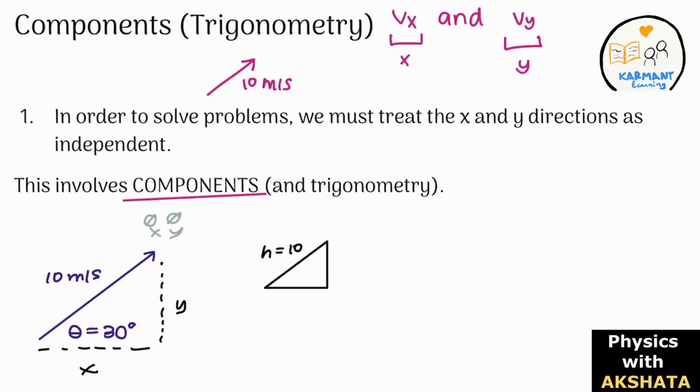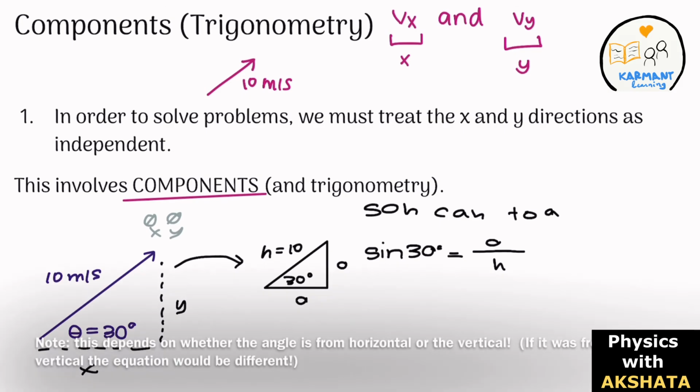To do that, we just have to turn it into a triangle and fill out the values using simple trigonometric terms. So let's say we have sine 30 is equal to the opposite over the hypotenuse, right? From SOHCAHTOA.